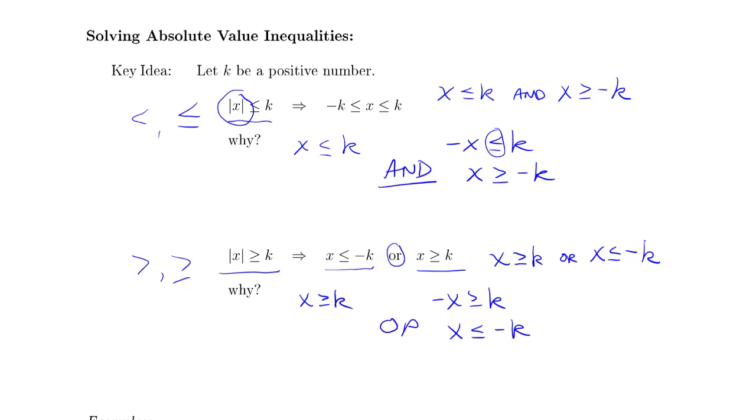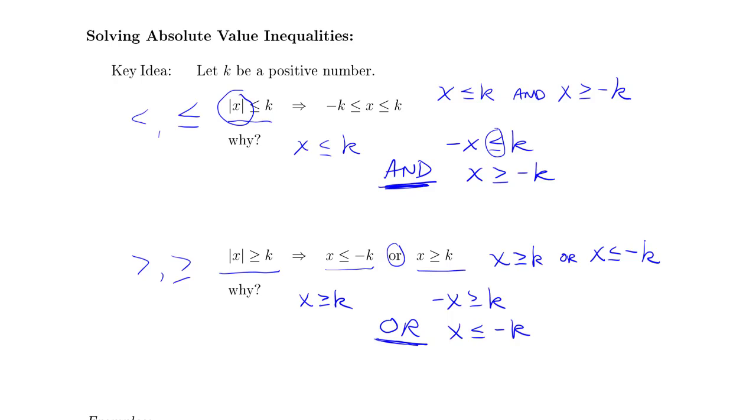This is going to be our or case, because we can't have both of these be true. So think of this as our greater case. When you have greater than or equal to, you're in the or case. If you have less than, you're in the and case.